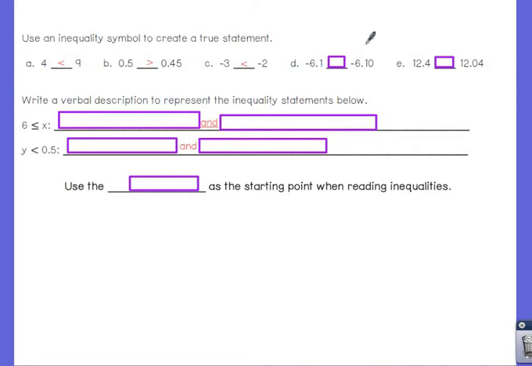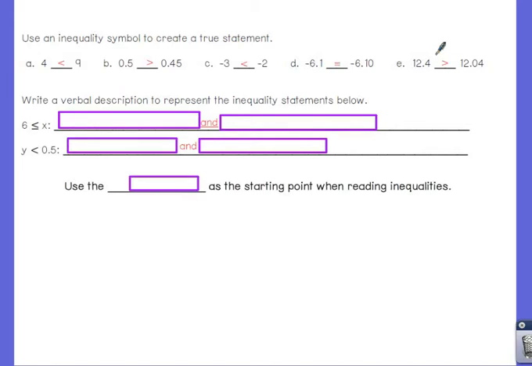Is that equal to? Yes, it is. Good. And the last one. What you got? Agree? Yes, it is greater than. Good.